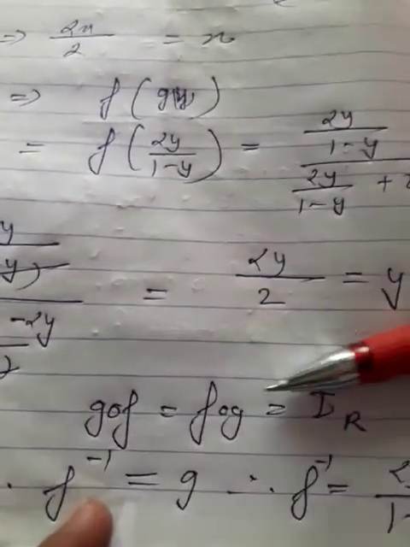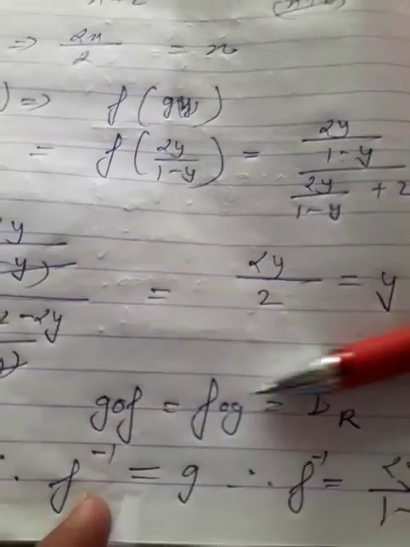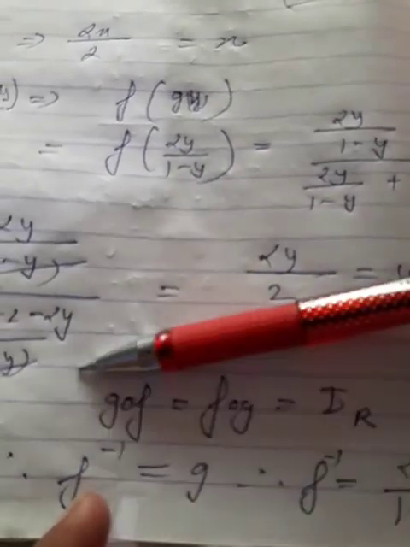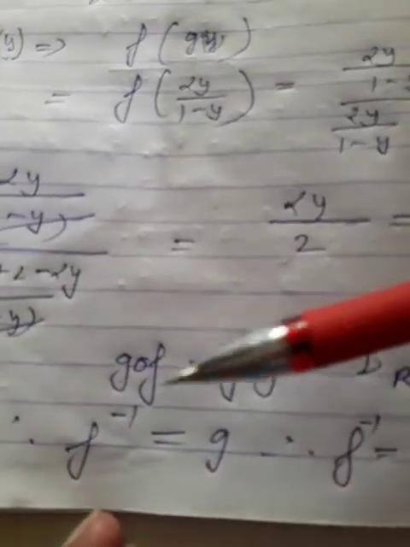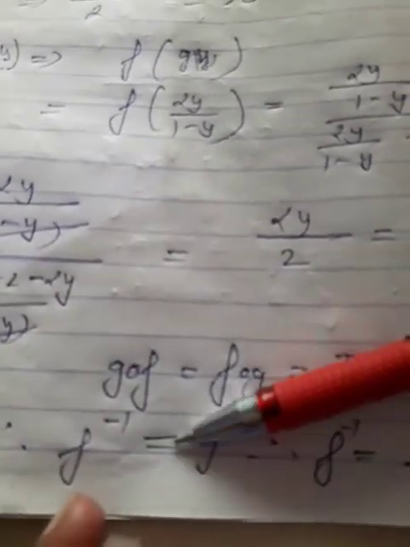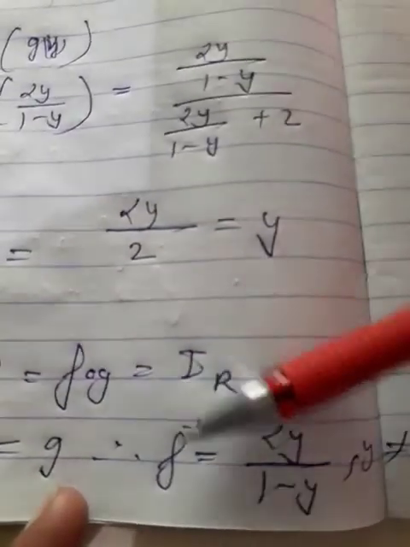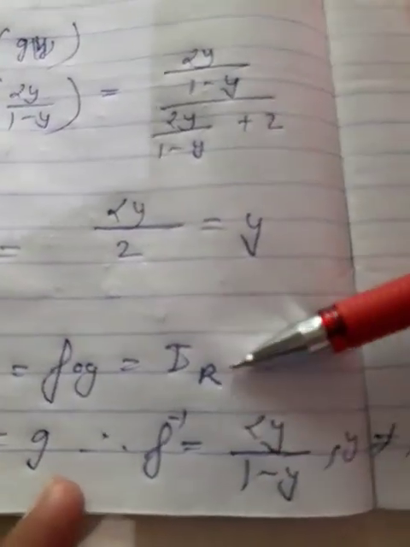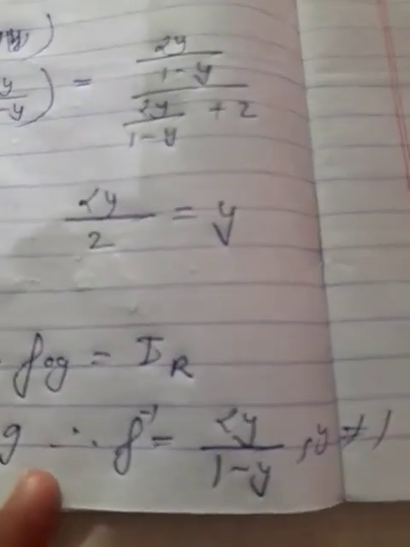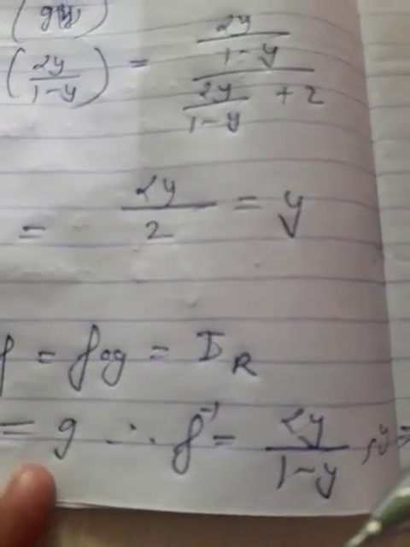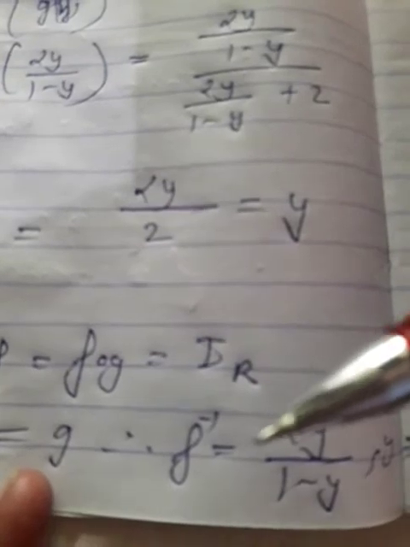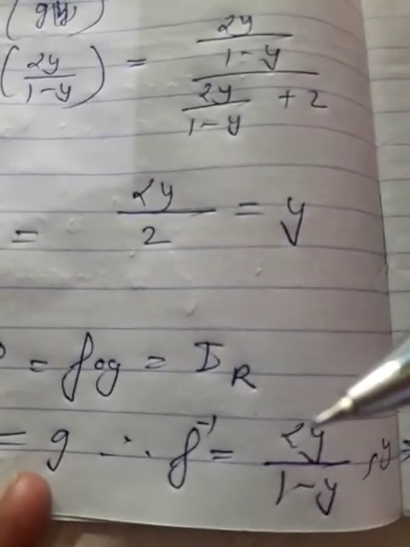As per the definition of invertible functions, f is the inverse of g and g is the inverse of f. Hence f inverse equals g, which we took as 2y/(1 - y) when y is not equal to 1. So the inverse of this function is 2y/(1 - y). If we write it in terms of x, f inverse of x is 2x/(1 - x).